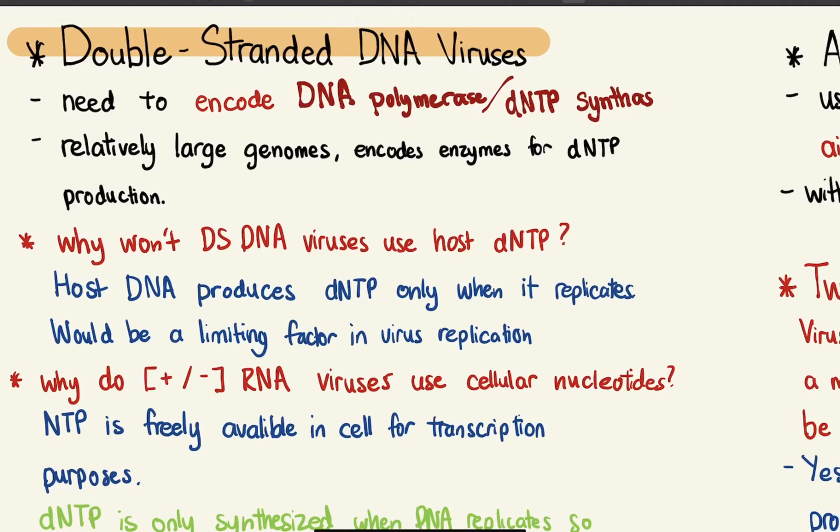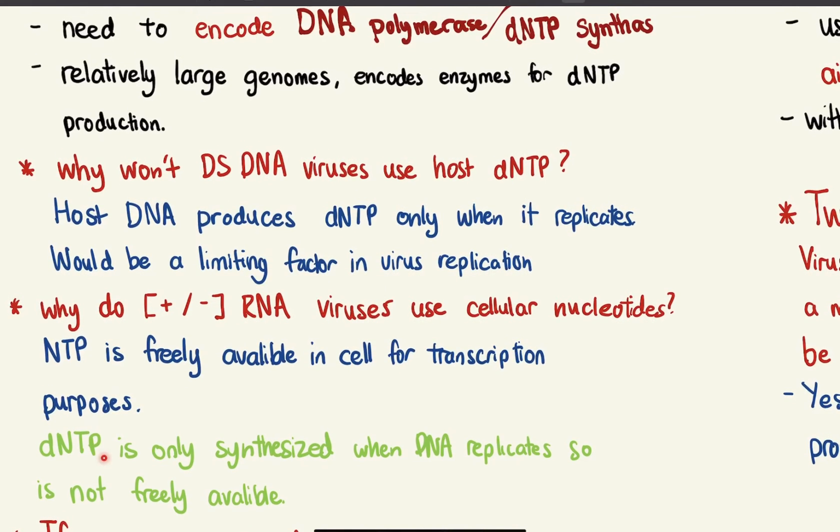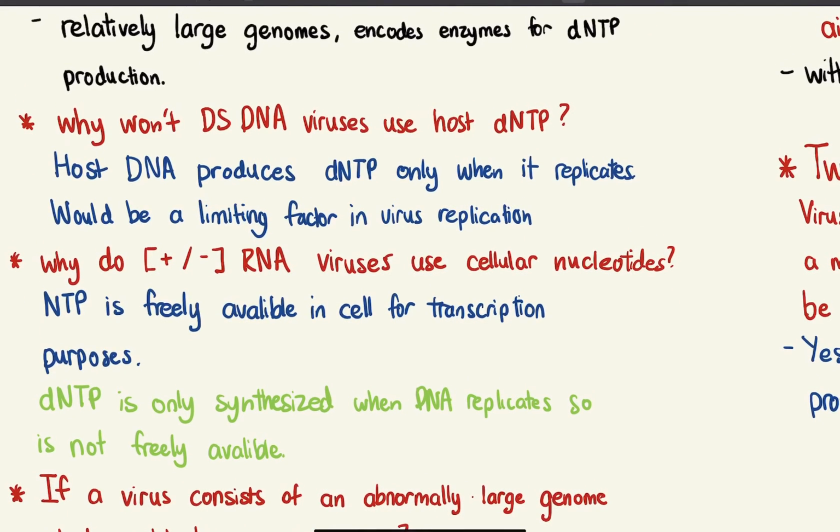Think about it, we have mRNA coming through transcription that will then go on to translate, and we have a lot of NTPs available for the purpose of RNA, but not for DNA. So dNTP is only synthesized when DNA replicates, so it's not freely available. Therefore, yes, it has to be made by the virus itself.